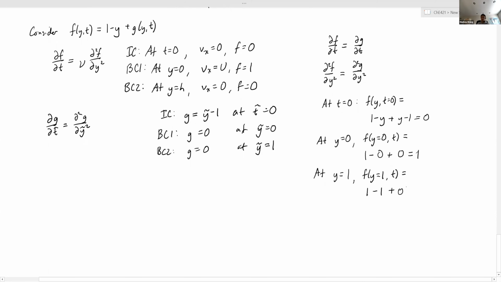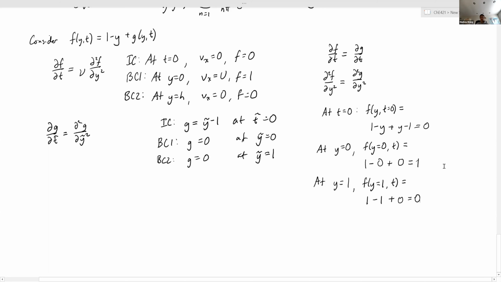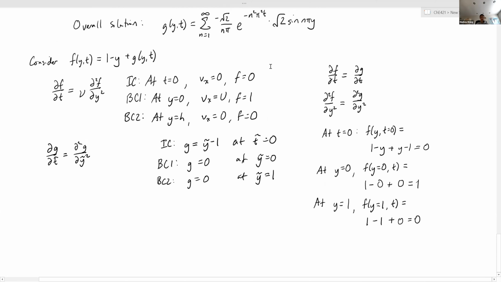And so that's equal to 0. Okay? And so it turns out that our solution here, as we wrote down f of y of t, which is 1 minus y plus g of y of t, like that, satisfies all three boundary conditions from our original problem.